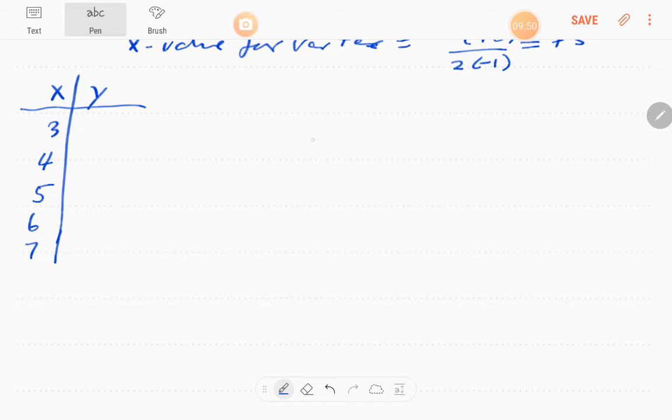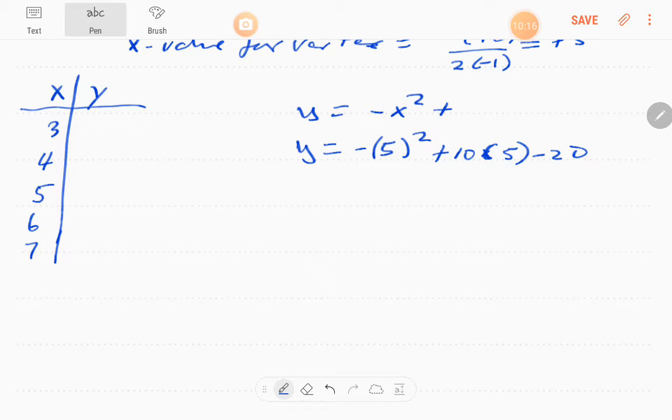Putting 5 into that original equation, which was minus x squared plus 10x minus 20, we'd get minus 25 plus 50 minus 20.